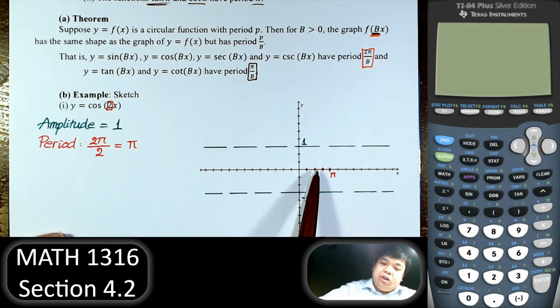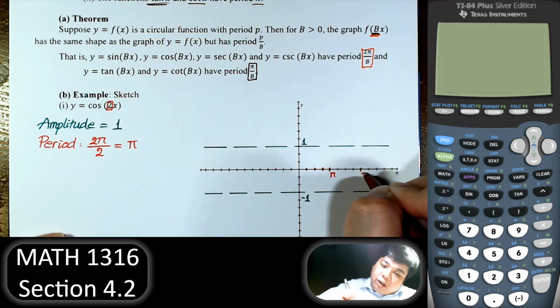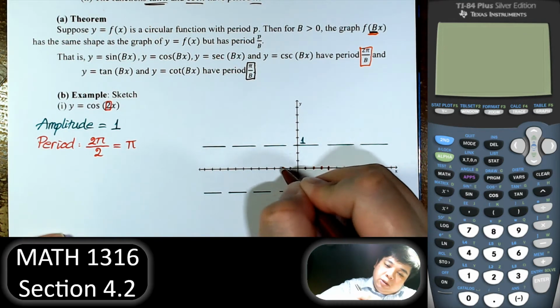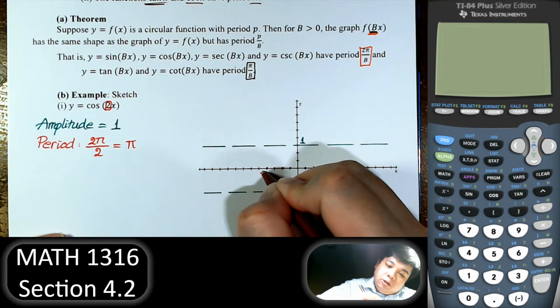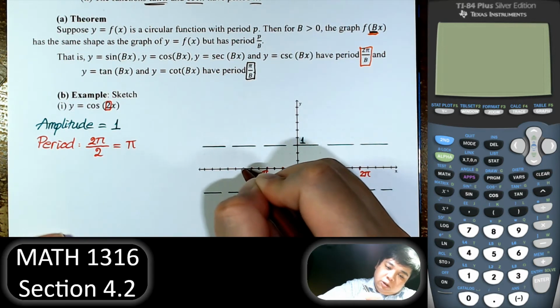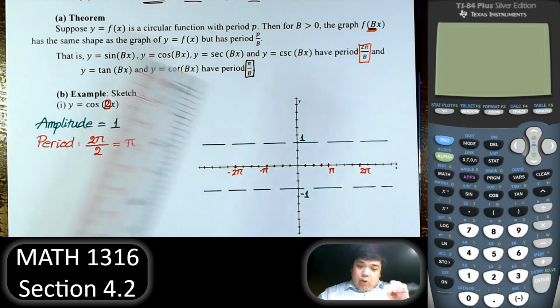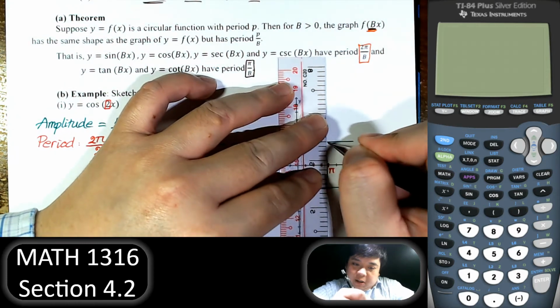So that's pi over 2, pi over 4, 3 pi over 4. This will be 2 pi. Right, so I have one period here.